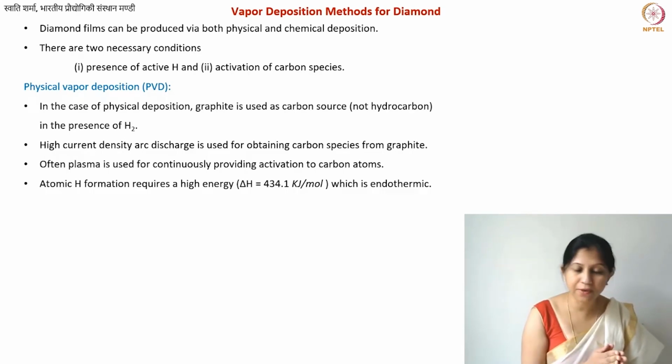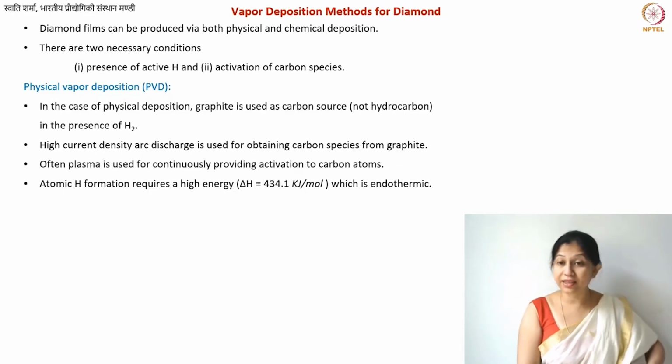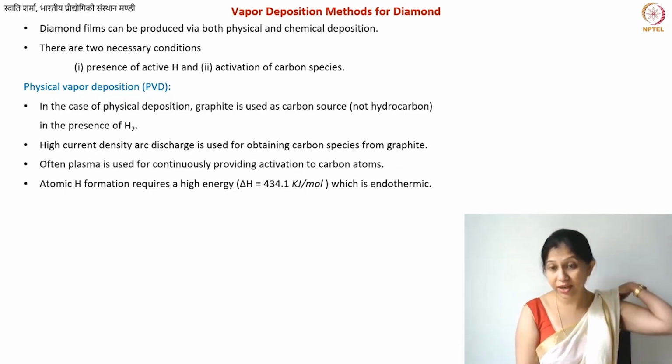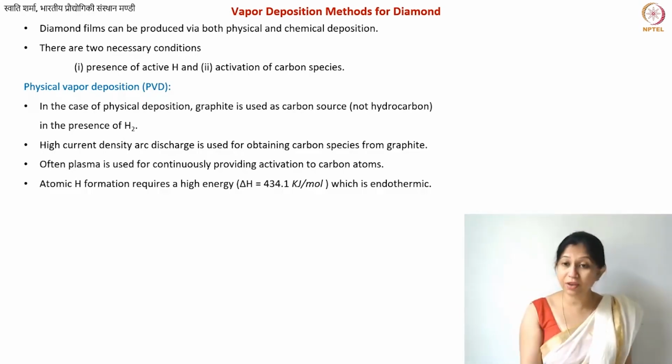Now this formation of atomic hydrogen from molecular hydrogen is a very high energy process, right? It requires a lot of energy, and in fact it is also endothermic, so it takes energy from the surroundings. The enthalpy of this reaction is actually 434 kilojoules per mole. So you can imagine that this is a very energy consuming process.